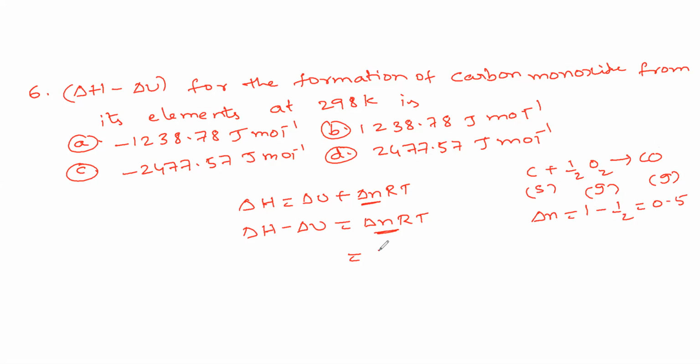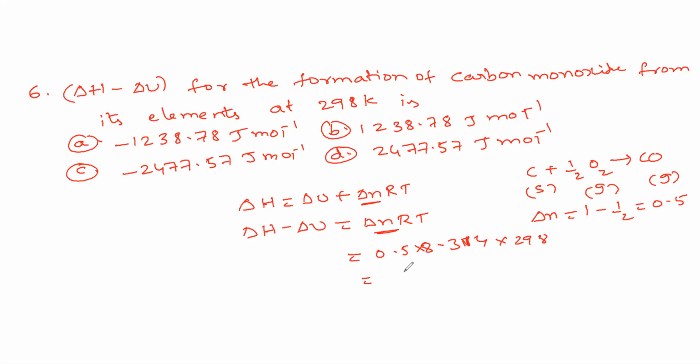So 0.5 into R, whose value we already know is 8.314, into 298. If you multiply this, you'll get the answer.